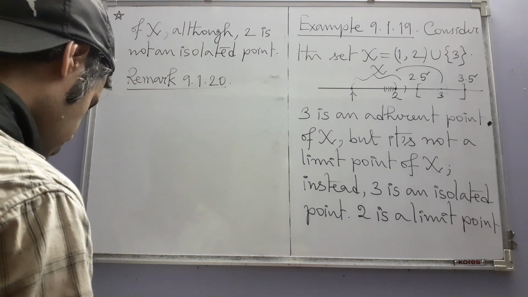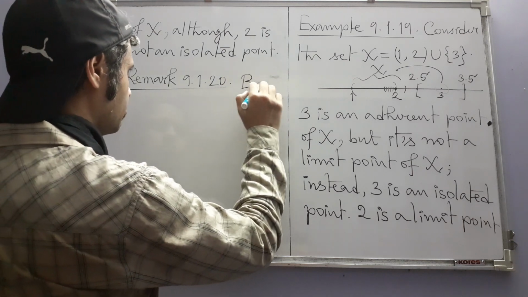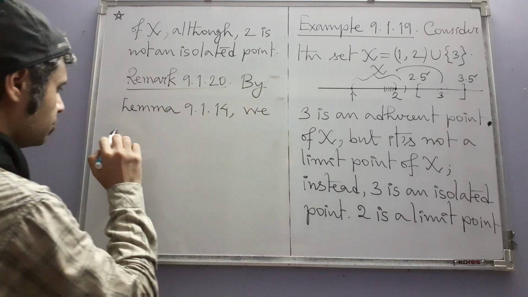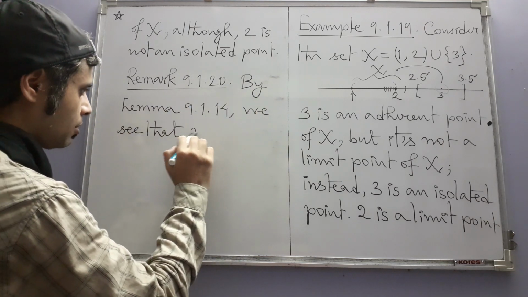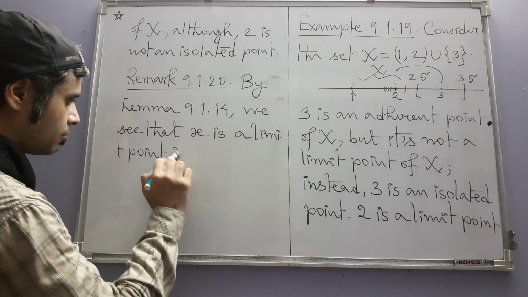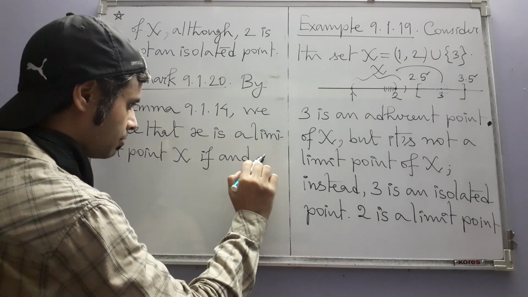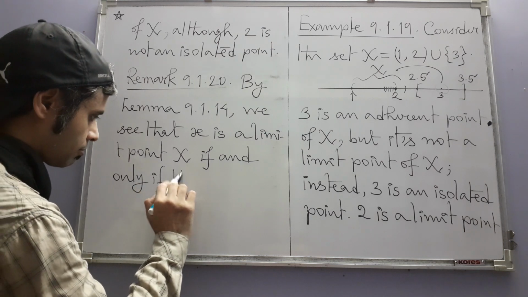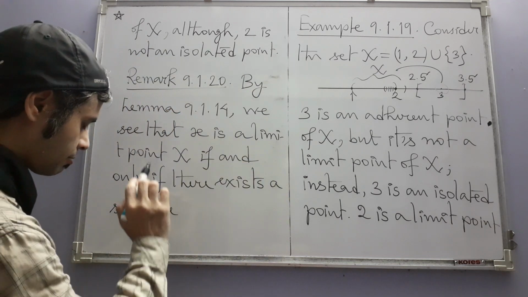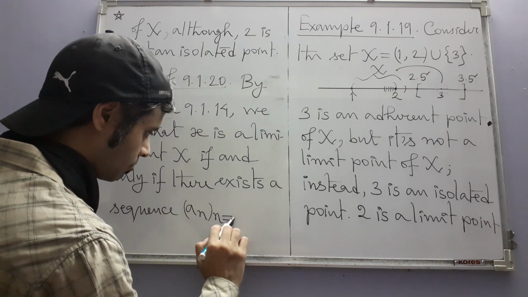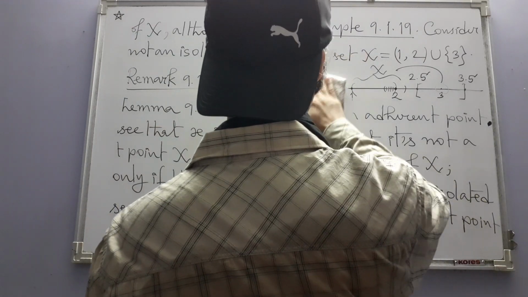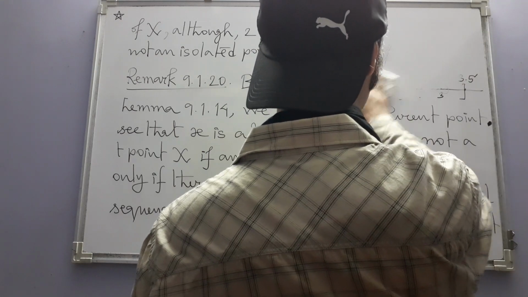So that is the next remark. And that result was Lemma 9.1.14 here. By Lemma 9.1.14, we see that x is a limit point of X if and only if there exists a sequence in that subset X minus {x}, X difference {x}, that converges to this small x.